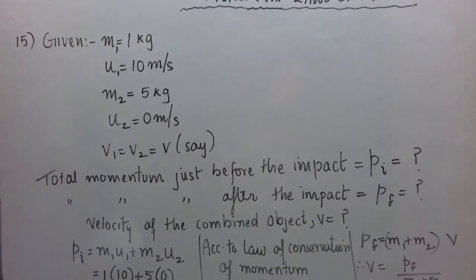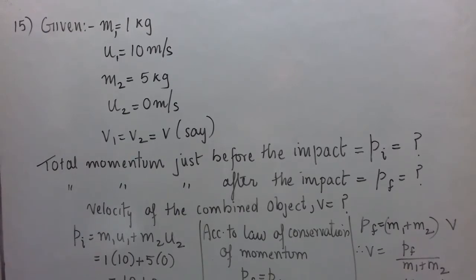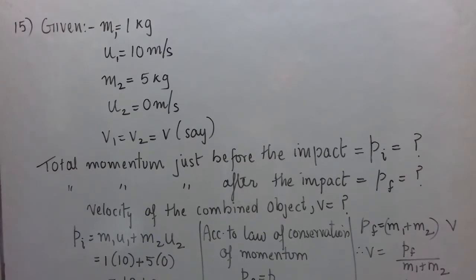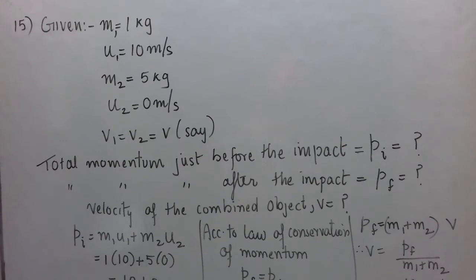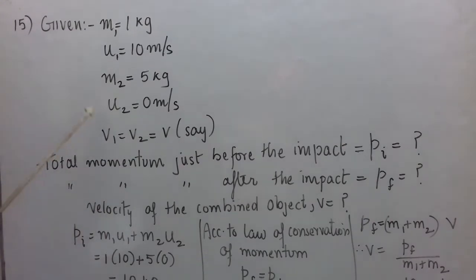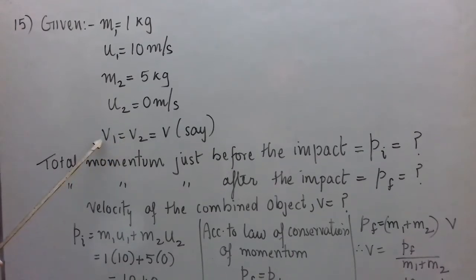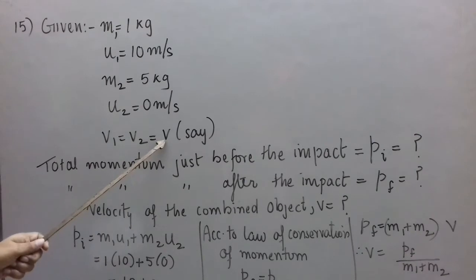What they have given is that this object sticks to a stationary wooden block, then they both move off together in the same straight line. Calculate the total momentum just before the impact and just after the impact. Because they stick together, their final velocities v1, v2 are equal, and for convenience I have taken each equal to v.